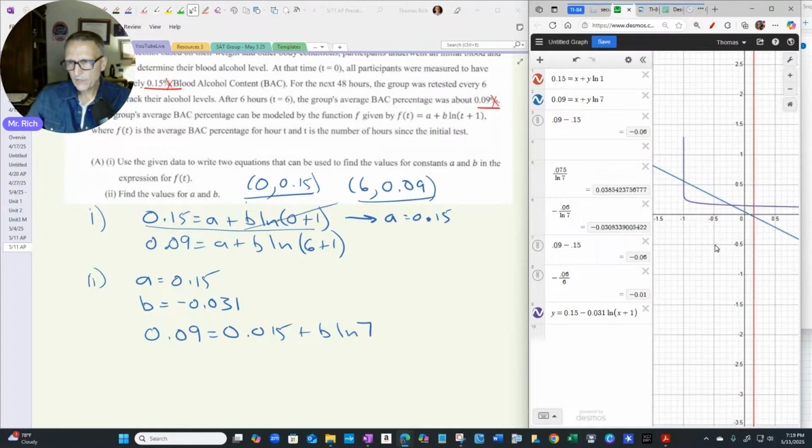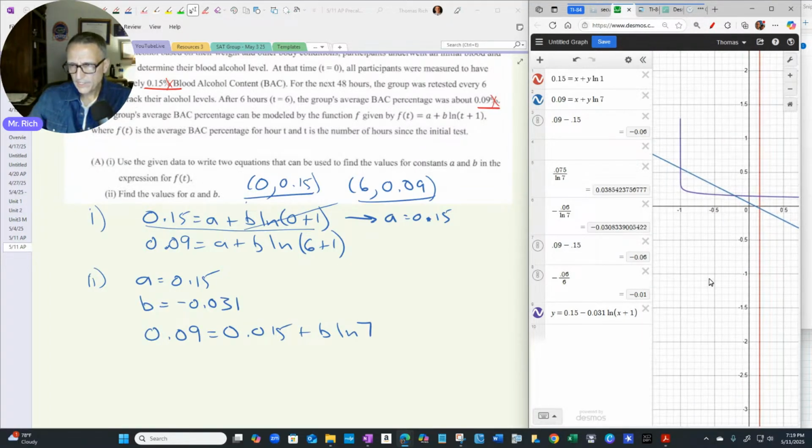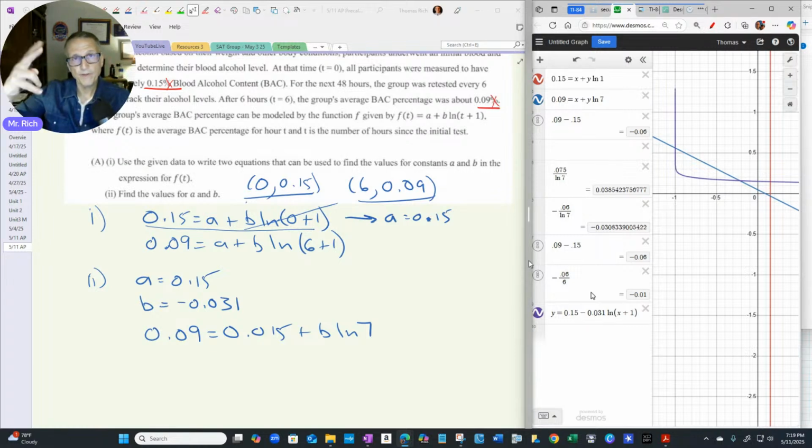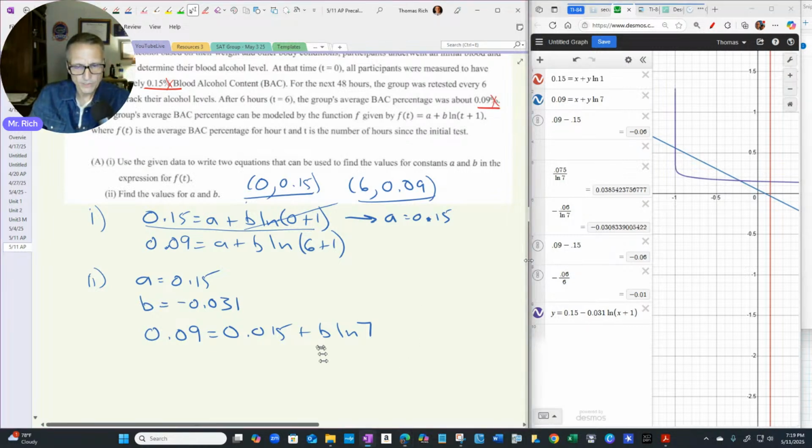All right, so that's kind of why I'm glad that we graphed this thing. It is a log function that has a vertical shift of 0.15, but it also has a negative in front of the log, which means it was reflected, right? Normal log functions, just regular y equals natural log of x, is a concave down function that increases but then slowly decreases its rate of increase.